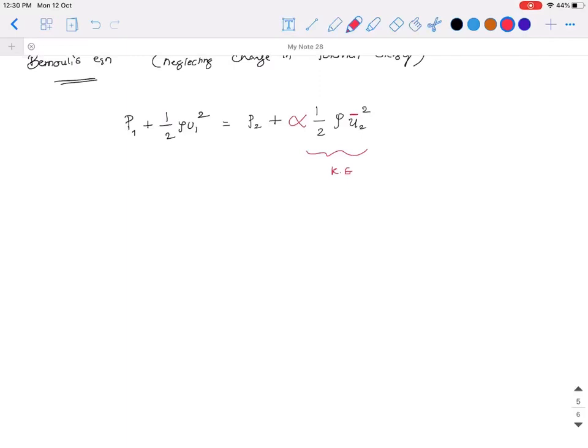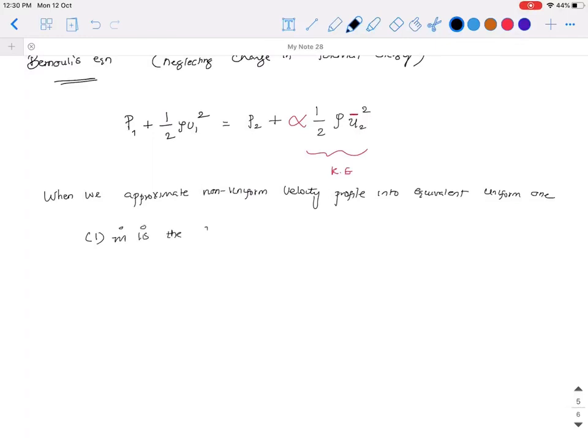So when we approximate a non-uniform velocity profile into an equivalent uniform one, the mass flow rate is the same, but the kinetic energy is not equal between these two, so a corresponding correction factor should be introduced in Bernoulli's equation.